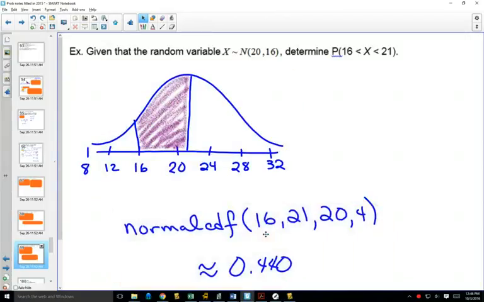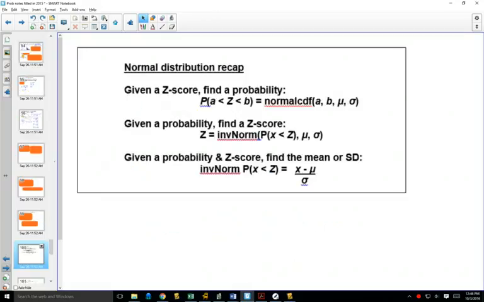There's your picture. So all three of these were normal CDF questions, because all of them were asking you to find a probability. If you're trying to decide what should I use, normal CDF or inverse norm, there's sort of two categories. And that's recapped here, but we can summarize it at the bottom here.